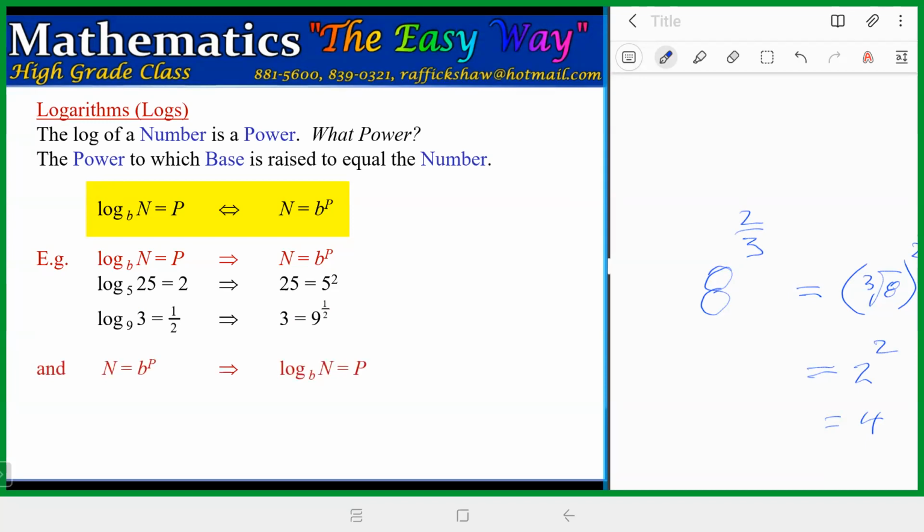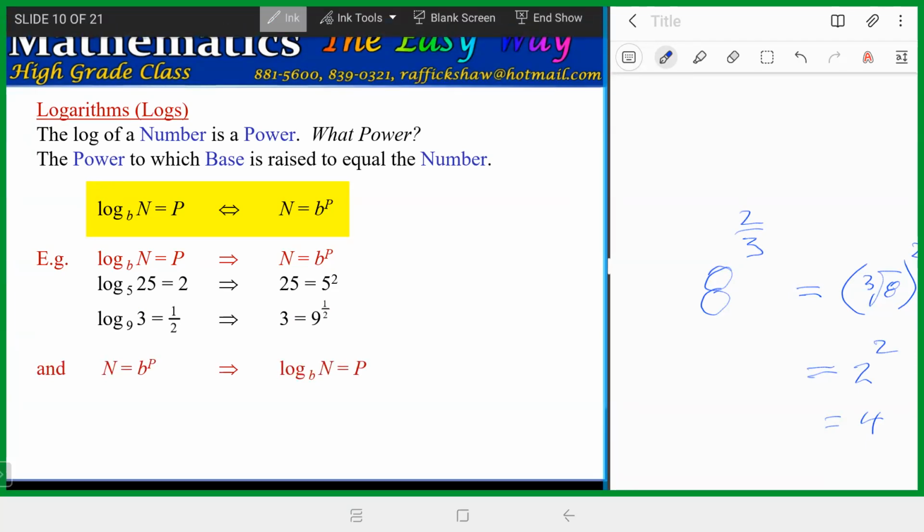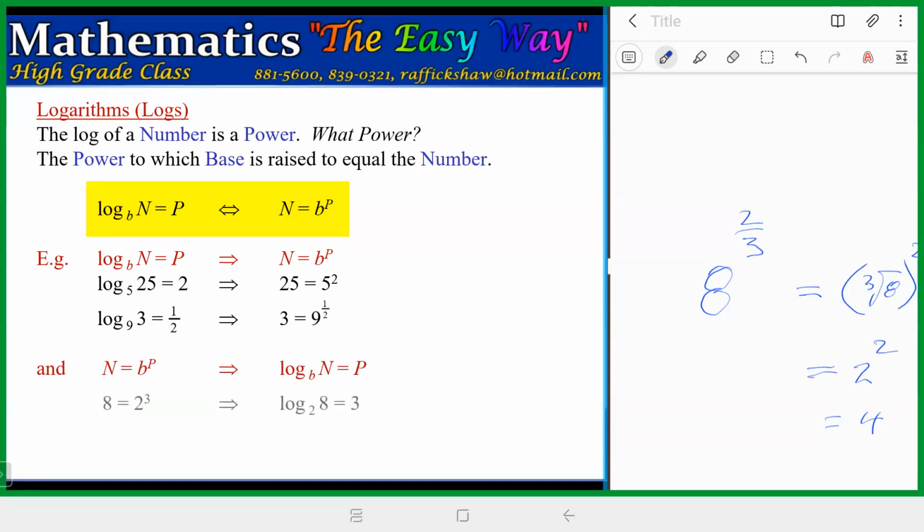Remember, you have to be able to go both ways. So you have this one, you have this one, indices, you have to be able to go that way. You can show the relationship that way as well. So for example, 8 is the same as 2 cubed. That means that the log of 8 to base 2 is equal to the power 3.